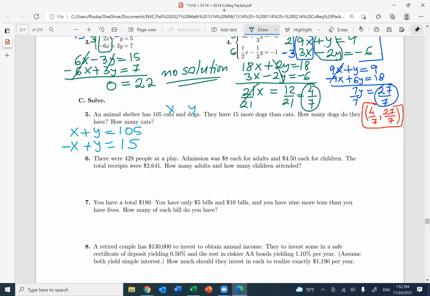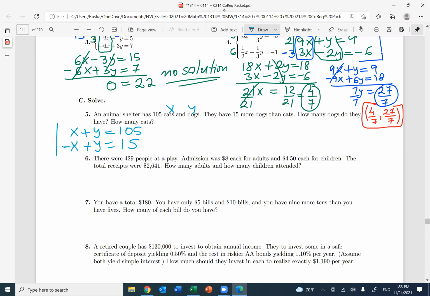Because the dogs are more. So Y minus X is going to be 15. Yes? I just put it in that order. Why? Because the dogs are more. When you take away the cats, there are going to be 15 more left. Okay? So this is actually how it is. This is the system we have to solve. It's ready to add, right?